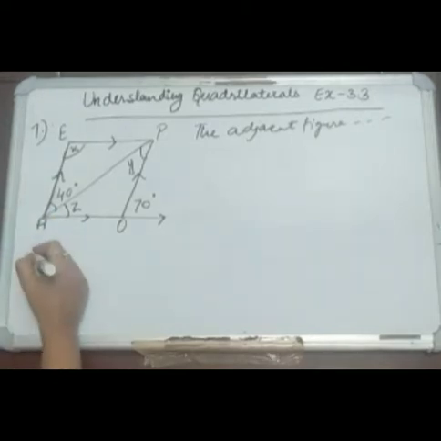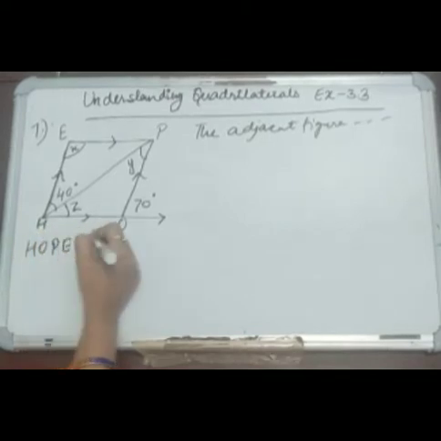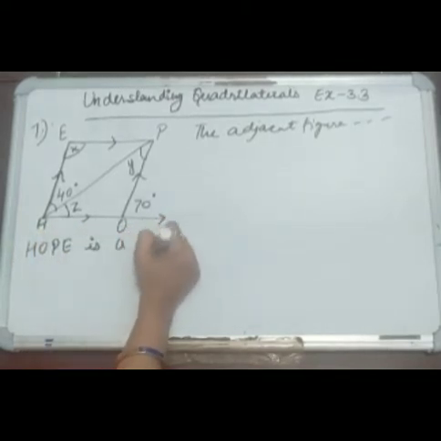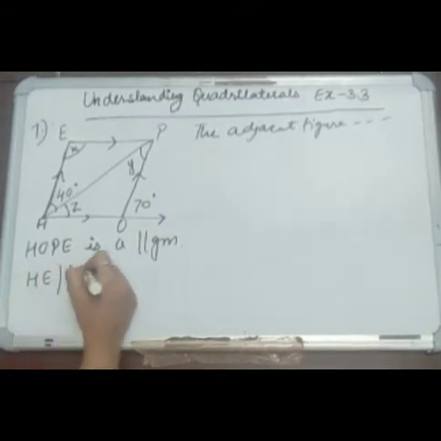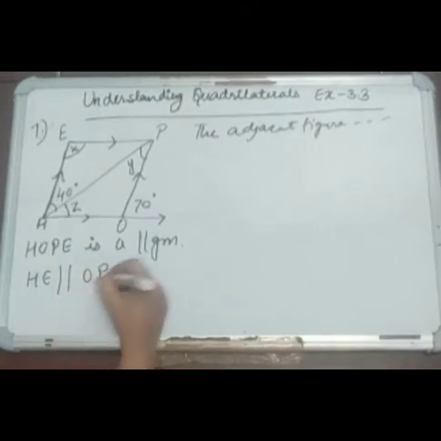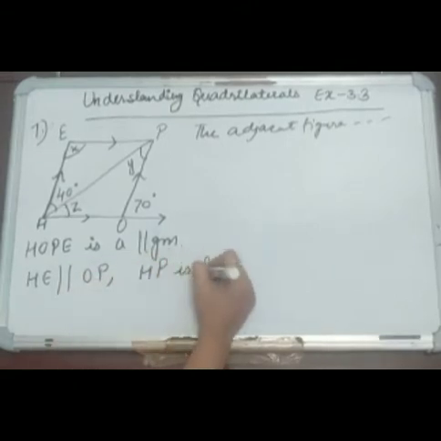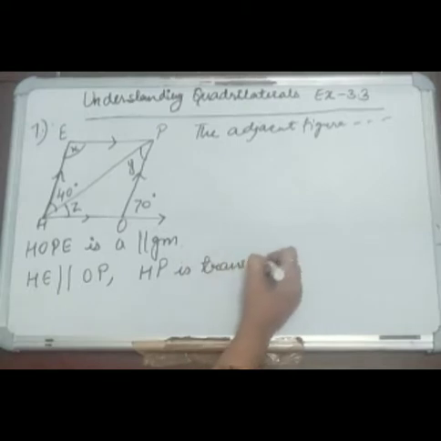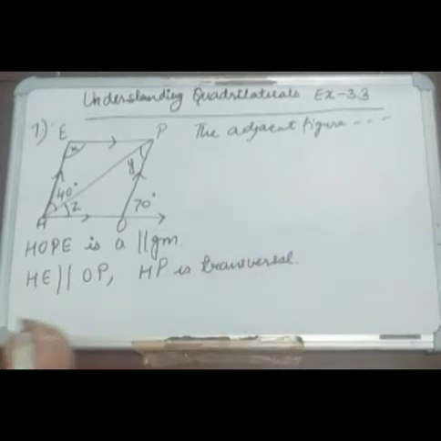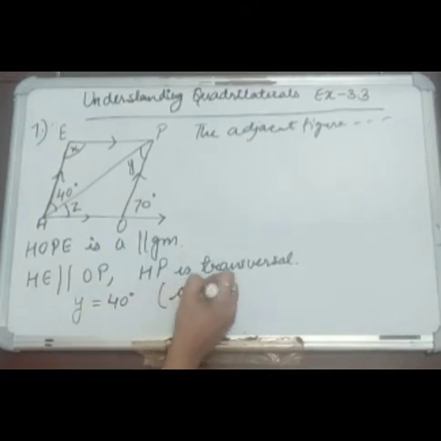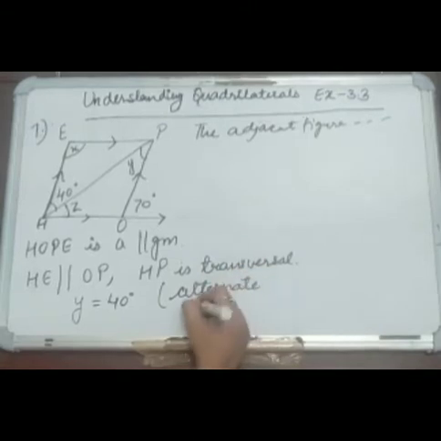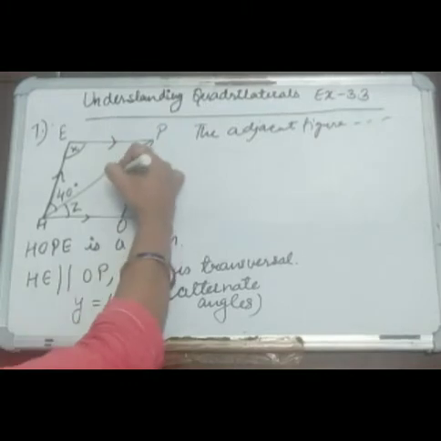So here I can write, HOPE is a parallelogram, so it means HE is parallel to OP and HP is a transversal. Okay students, now see, this y is equal to 40. Here we will write down alternate angles. Now we got this y as 40 degree.